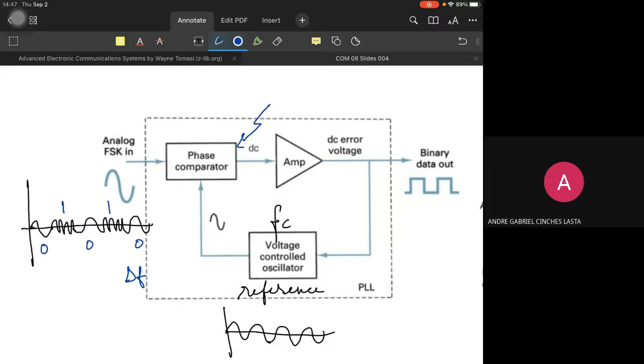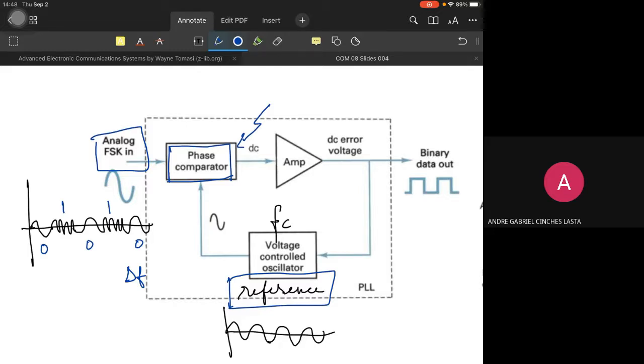Because the output of the phase comparator is dependent on the phase difference between the input and the reference or the carrier output sa VCO.